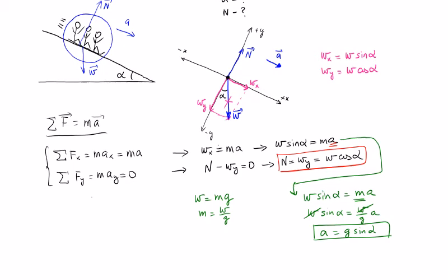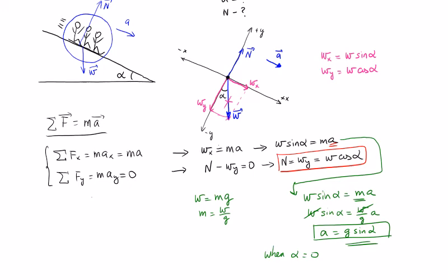But we got a very interesting result for acceleration. The mass m does not appear in this expression for acceleration. This means that any toboggan, regardless of its mass or number of passengers in it, slides down a frictionless hill with an acceleration of g sine alpha. In particular, let's look at when alpha is 0. We have a flat surface with no slope.